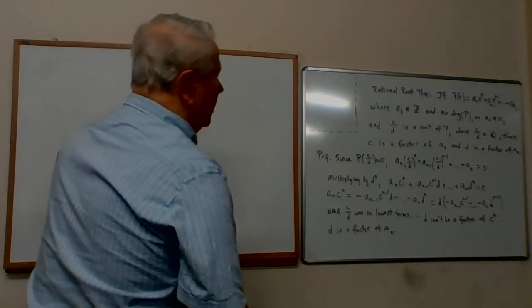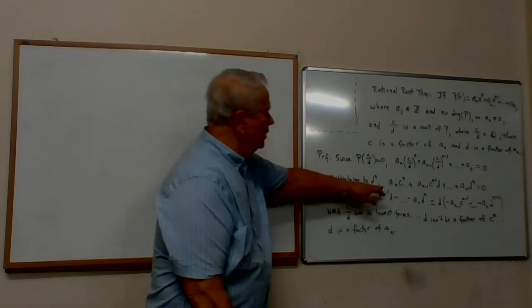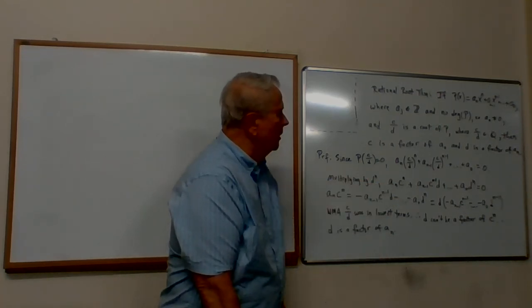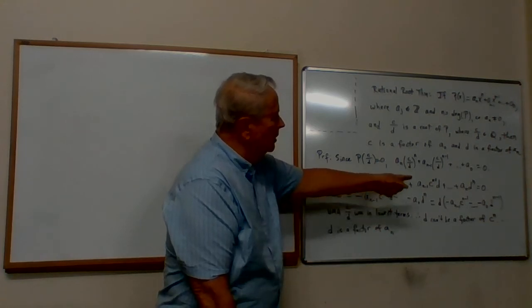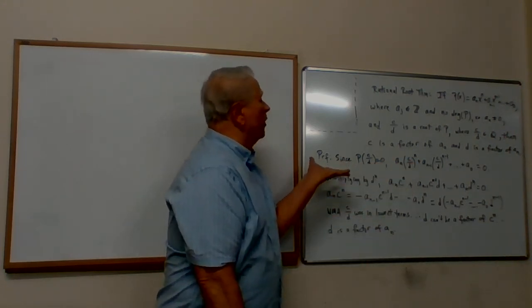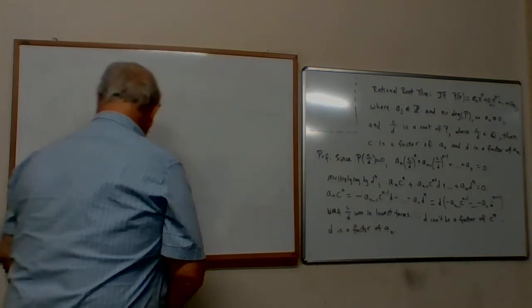So similarly, I'm going to come up to this equation, and I'm going to segregate the a sub 0 d to the n and shove all the rest of the stuff to the other side.